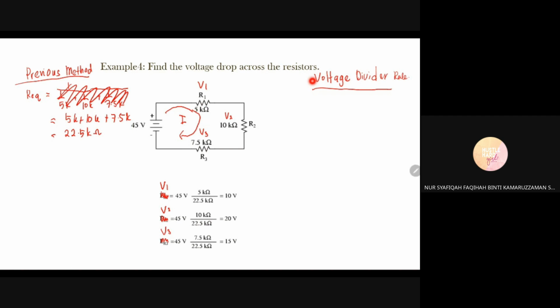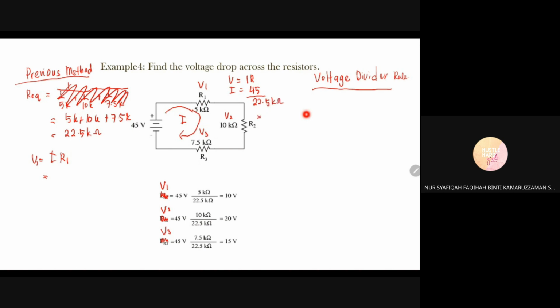If you get the R equivalent with the conventional previous method and want to calculate V1, V1 equals I times R1. How do we get I? V equals IR, so I equals 45 divided by the R equivalent, 22.5 kilo ohm.